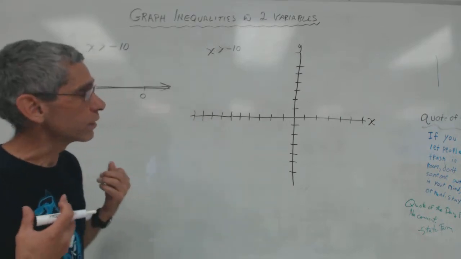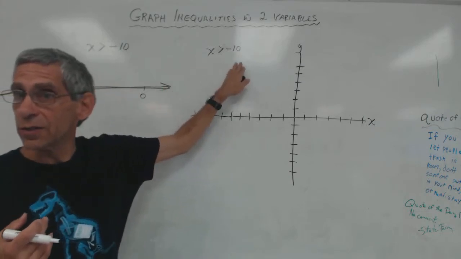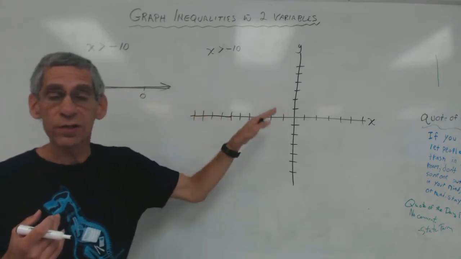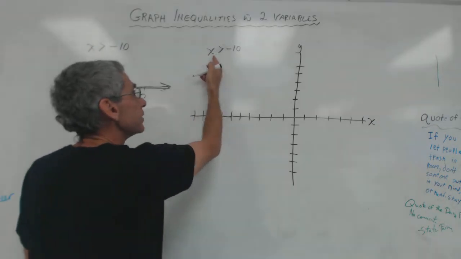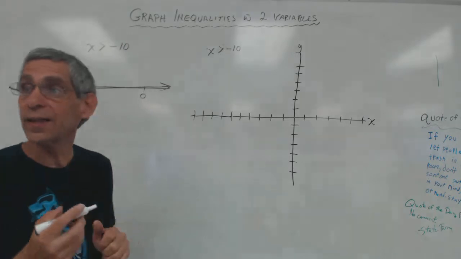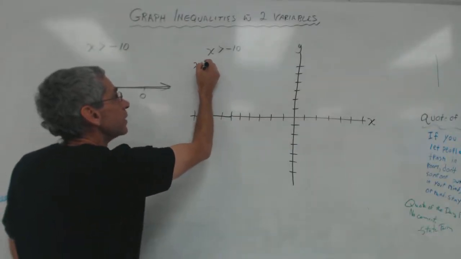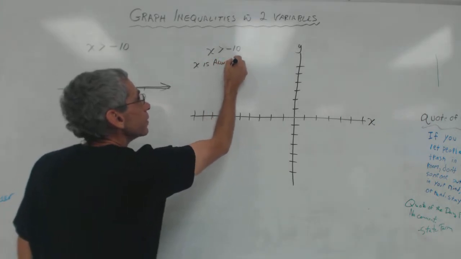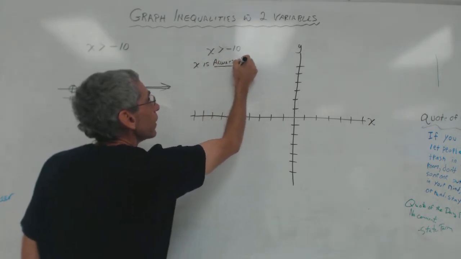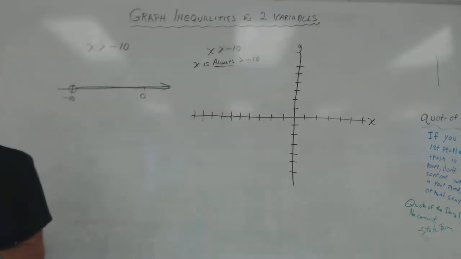So when I'm doing a one-dimensional problem on a 2-dimensional graph, this is what I actually think in my brain. I think x is always greater than negative 10. Okay? That's what I think.